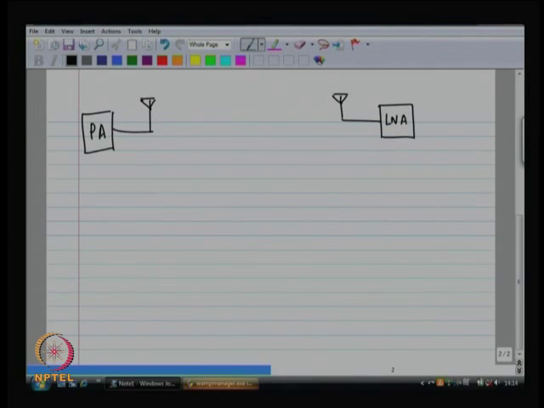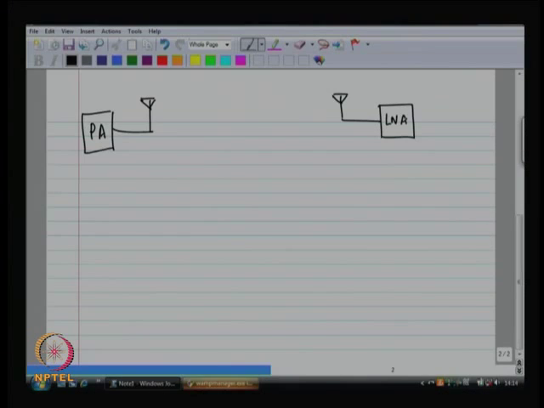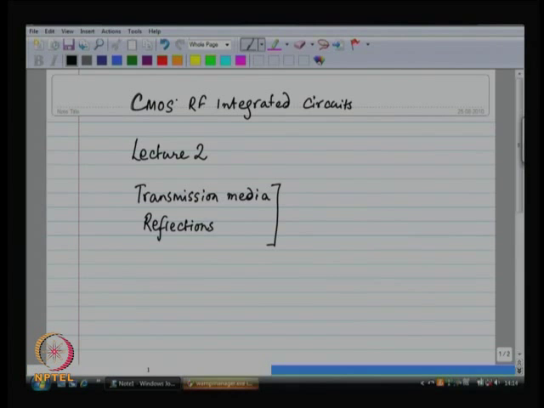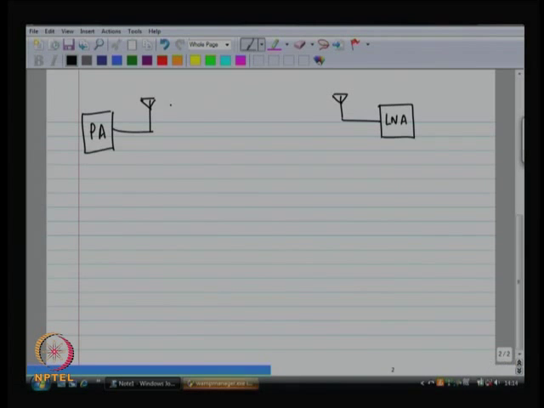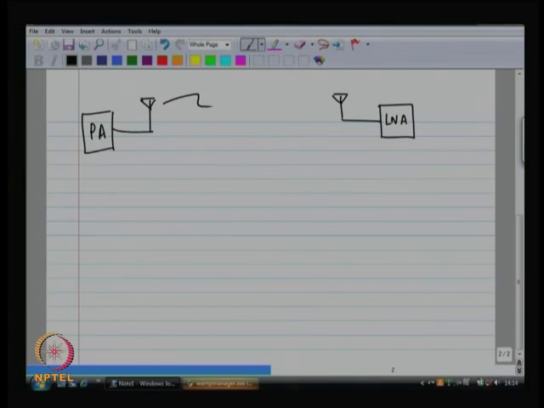So, these two are going to be topics of interest, and we will be designing these two in the subsequent part of this course. But what we were talking about in the last class was that between the transmitter and the receiver, the signal is broadcast over the atmosphere.